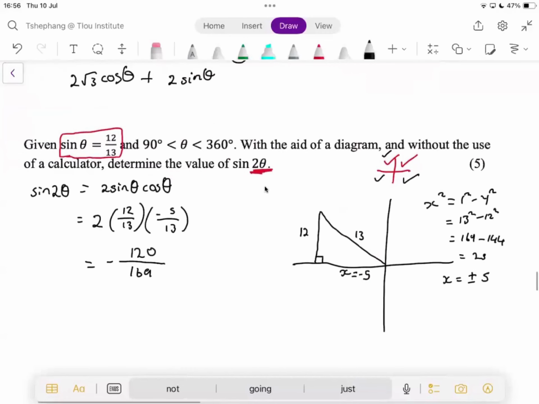Okay, so somebody's asking, please explain why is it quadrant 2? Remember, we rely on the information that they give us. They say that sine of theta is 12 over 13. On your calculator, if you press 12 over 13, you're going to get positive. Right, now we need to check. Sine is positive in here or there. Those are the options. Furthermore, they say that theta is between 90 and 360.